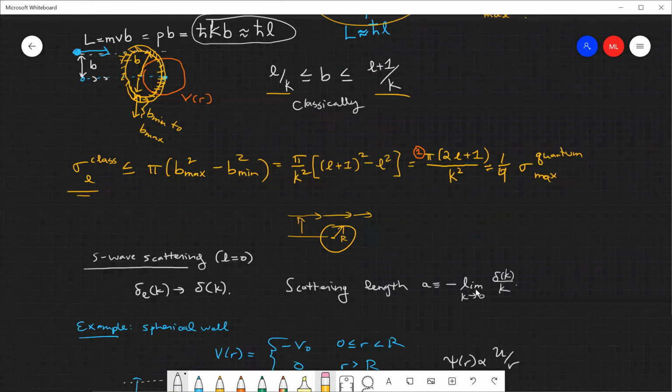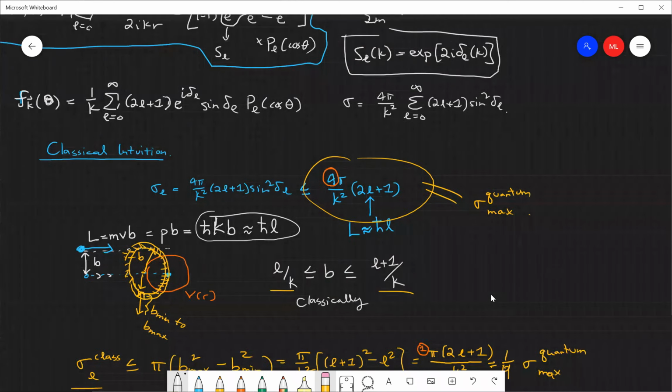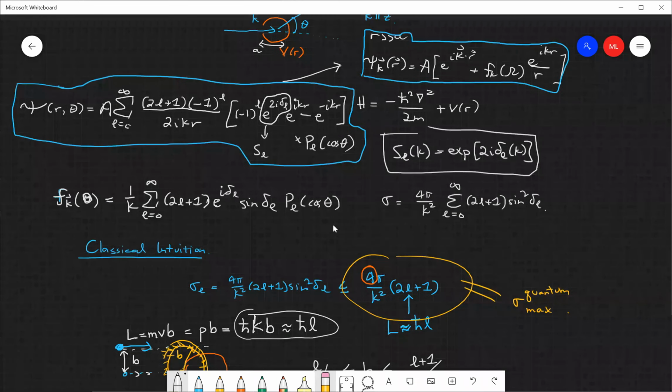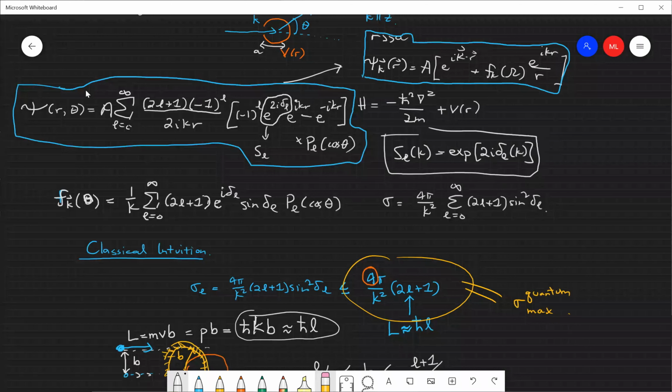So now, once we have S, we sort of have the solution. These are the S, right? And this is the wave function for the scattering solution. So that's worthwhile to keep in mind.